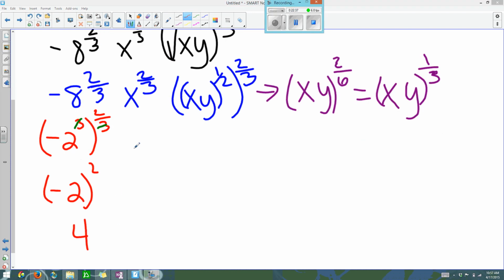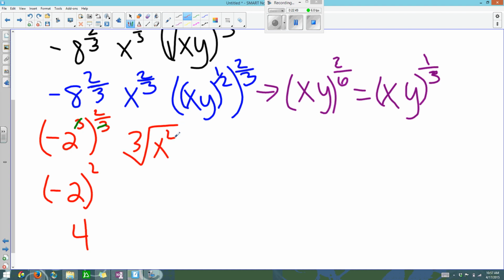So with the variables, let's put them in radicals. This would be the cube root of x squared, and this would be the cube root of x times y. Since I have the same indexes here and here, I can combine the variables that are inside.